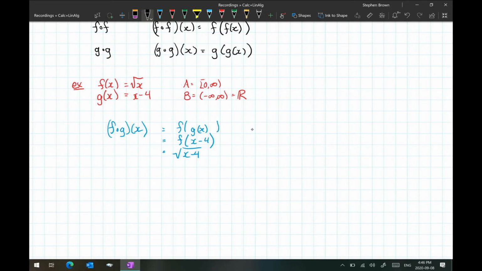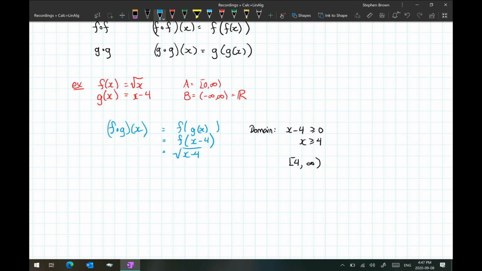So for the domain of this, the output of g of x, which is x minus 4, has to be in the domain of f, which is greater than or equal to 0. That means that x has to be greater than or equal to 4. So in interval notation, we have a square bracket on the 4 and a round parenthesis on infinity.